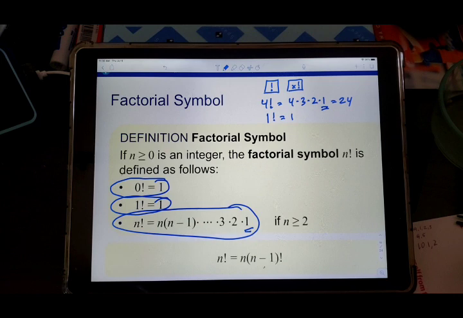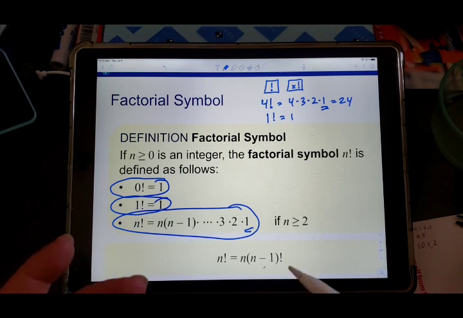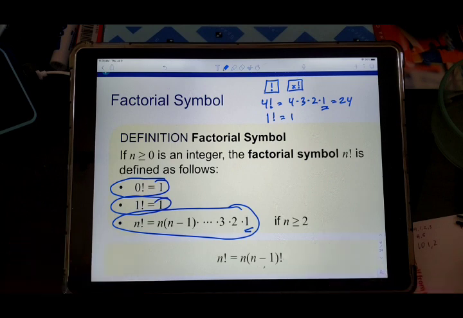Well, 0 factorial actually works its way into a lot of formulas. In other words, if you just apply a formula or apply a pattern or just apply some logic, sometimes you'll get 0 factorial somewhere in the numerator or denominator of a formula or a fraction, and nature tells us it equals 1.